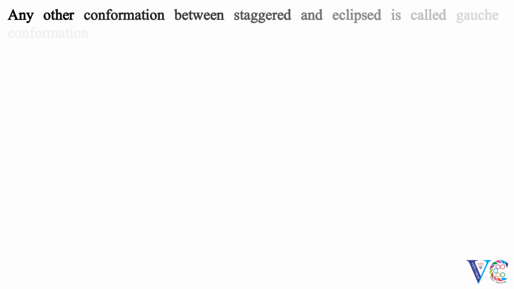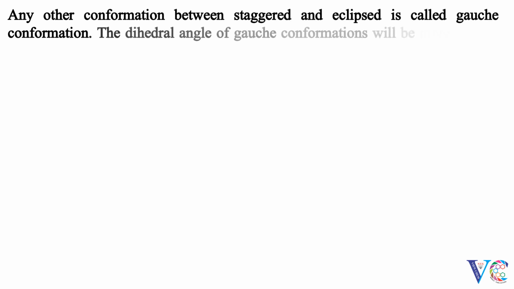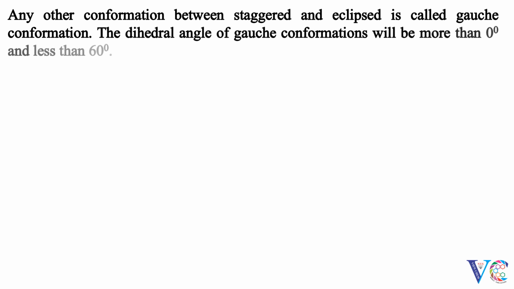Any other conformation between staggered and eclipsed is called Gauche conformation. The dihedral angle of Gauche conformations will be more than 0 degrees and less than 60 degrees. Now, let us observe few Gauche conformations.